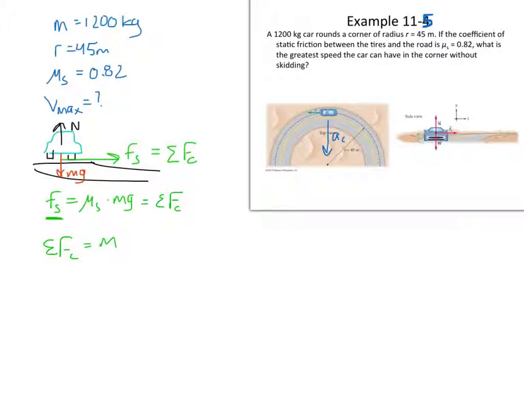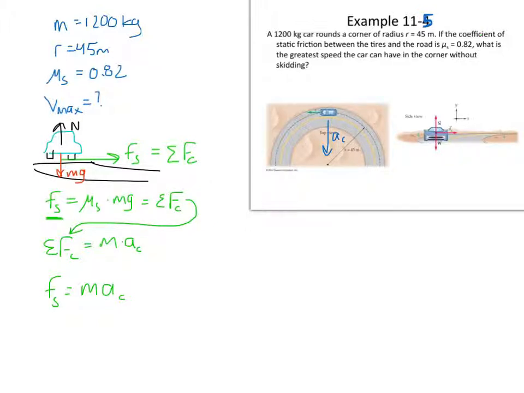That's mass times centripetal acceleration. So we can say the static friction force equals mass times centripetal acceleration.